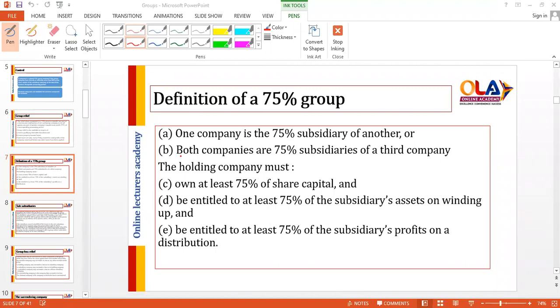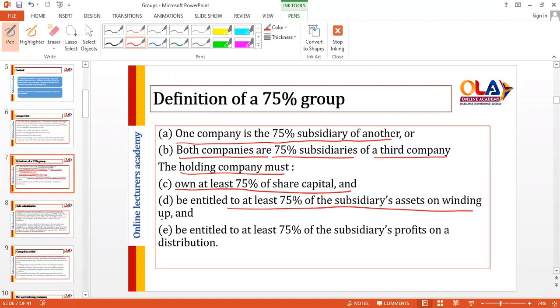One company is the 75% subsidiary of another, or both companies are 75% subsidiaries of a third company. The holding condition is to own at least 75% of capital, 75% of net assets share on winding up, and 75% of profit distribution.